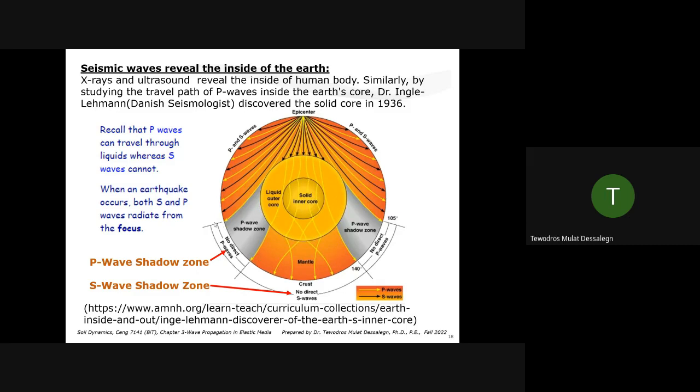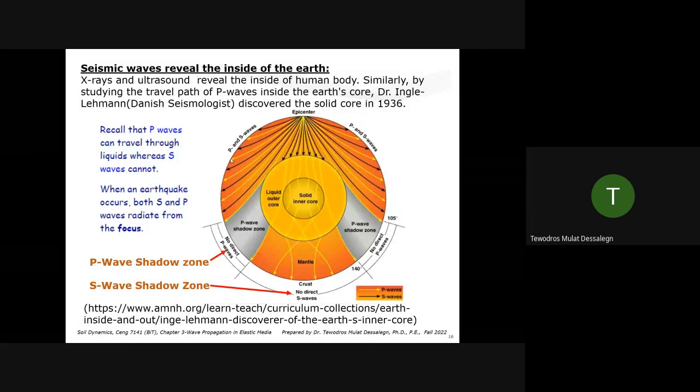So there are certain parts of the Earth's surface that, even if we have a recording station, will not feel anything because of the bending nature of the wave and because of the interior of the Earth, especially this liquid outer core. It bends.